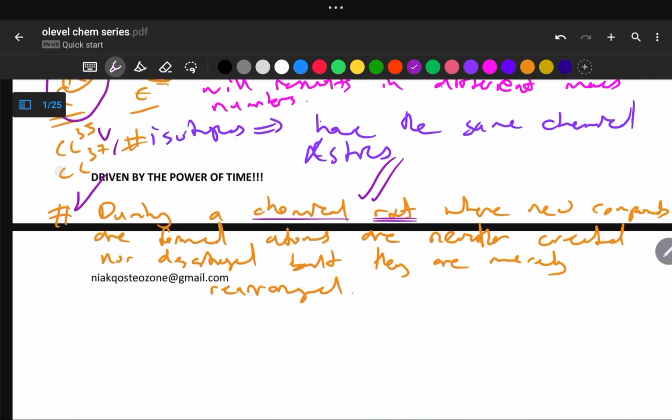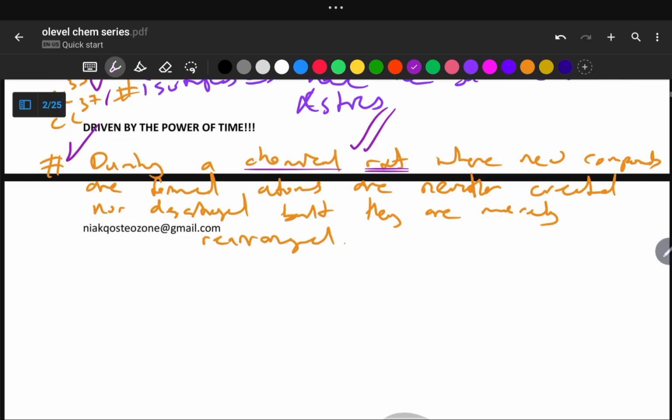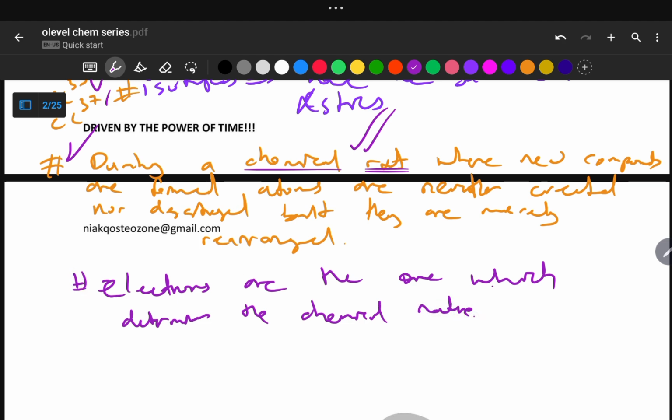So we are now diving into the concept which we have been discussing. We said that electrons are the ones which determine the chemical nature. Are we together?